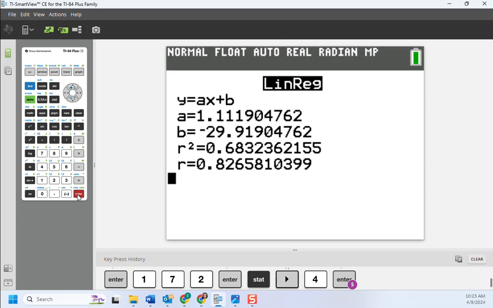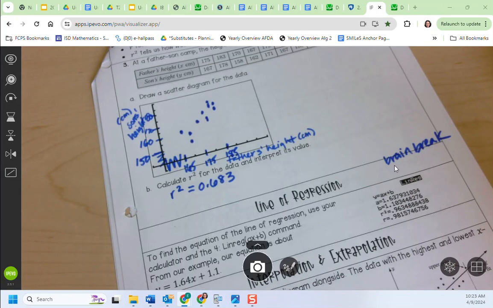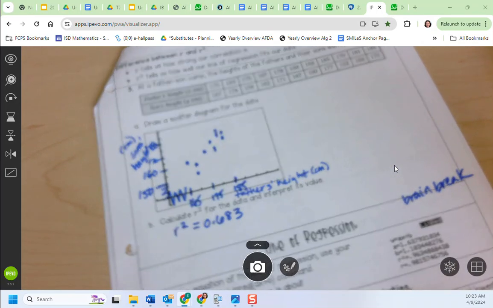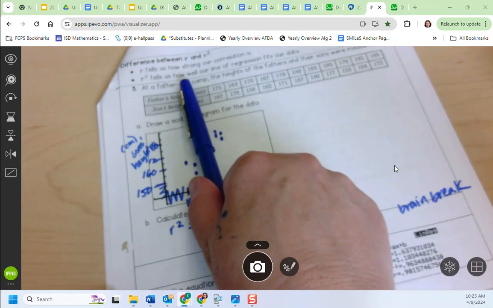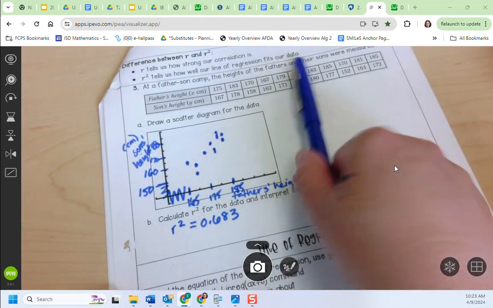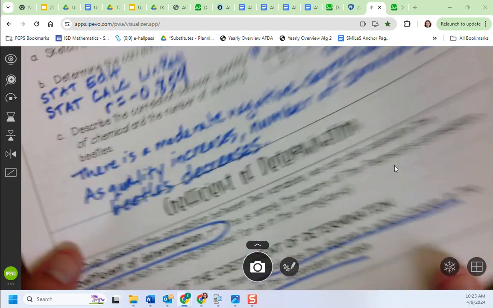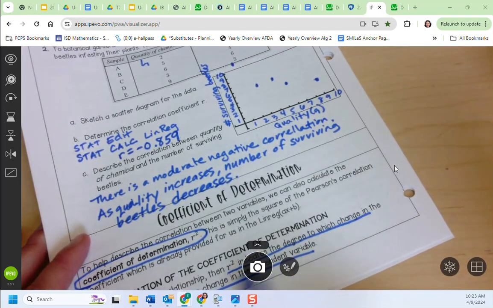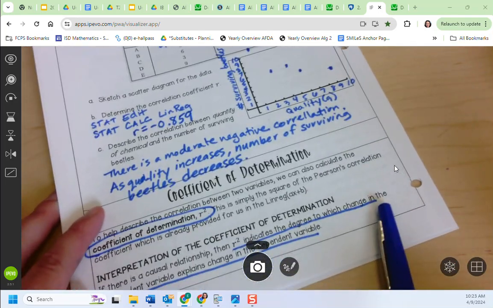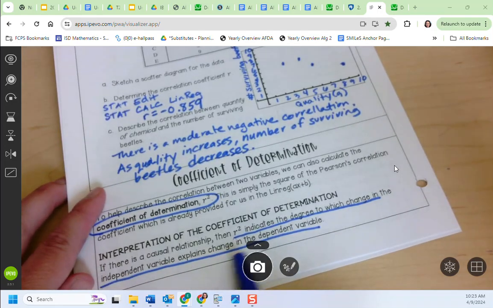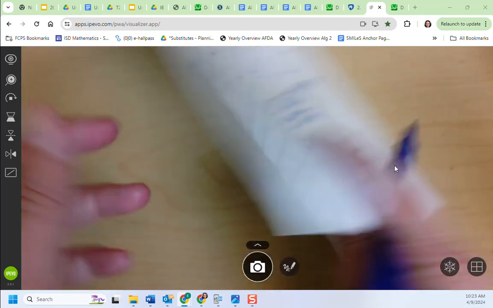Okay, and let me switch back to my camera. And then to interpret it, remember that the r squared tells us how well our line of regression fits our data. Also over here, it indicates the degree in which the change in the independent variable explains the change in the dependent variable.